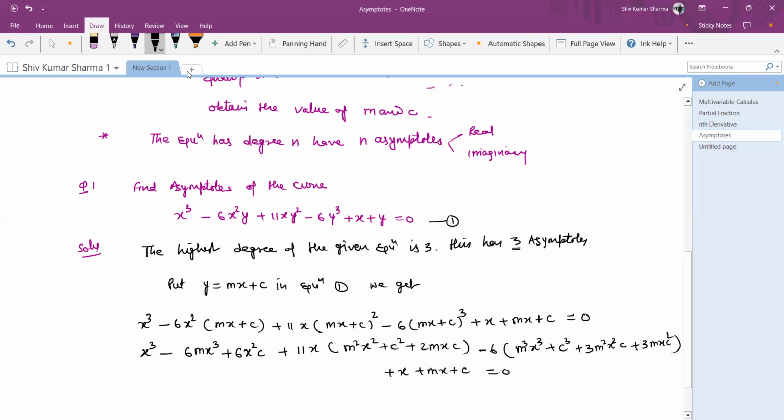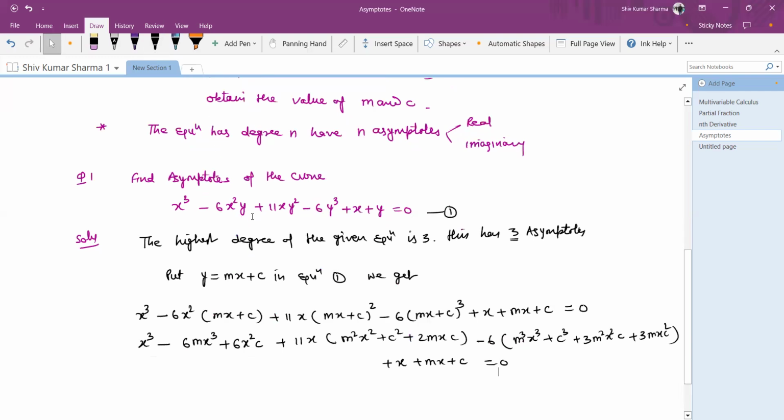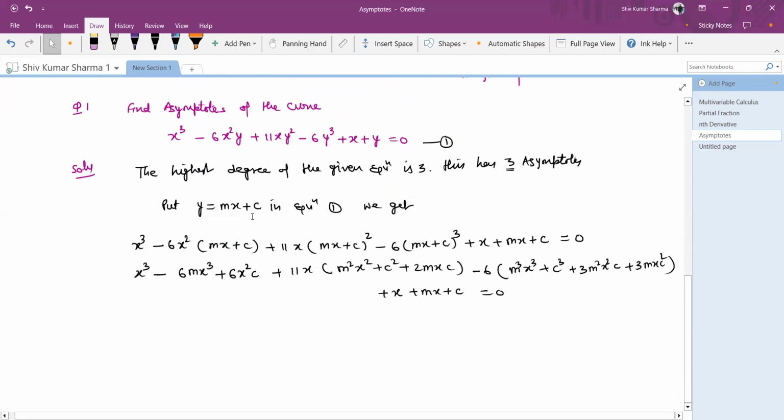So this is the lengthy method, but we start with the basic method. So now we move to the further methods.